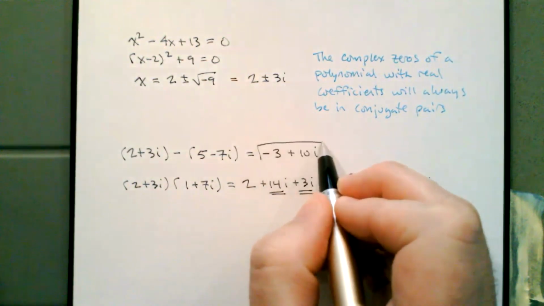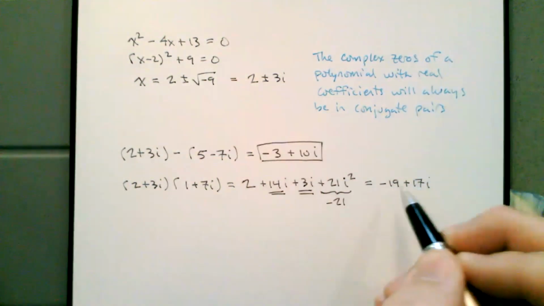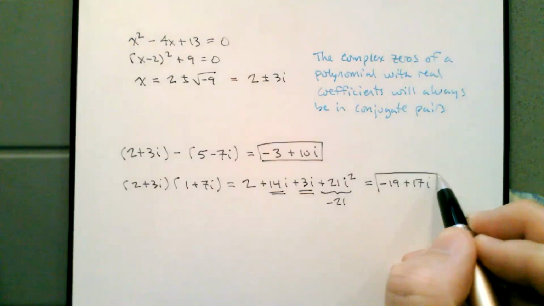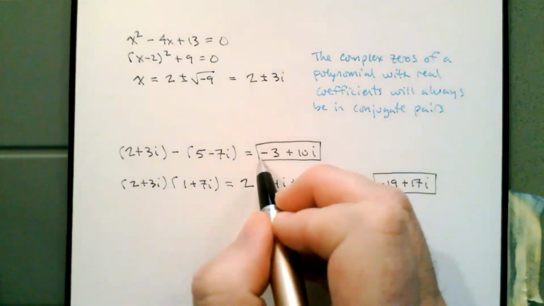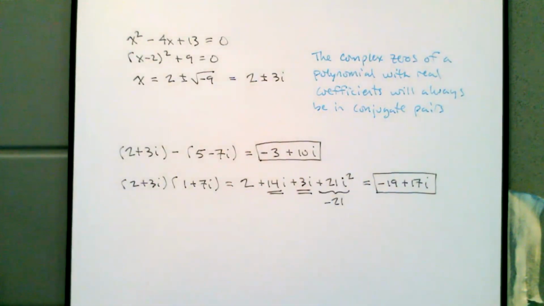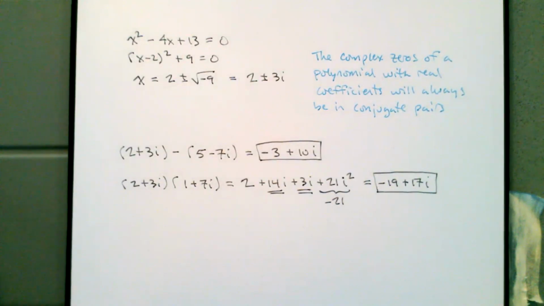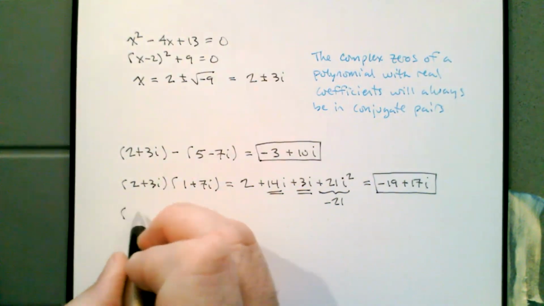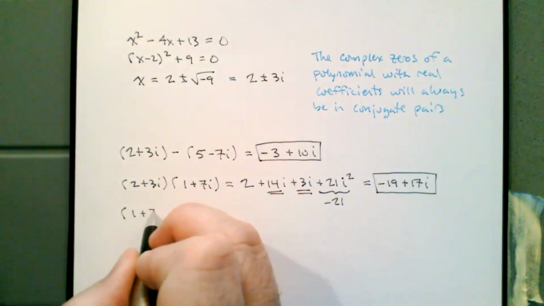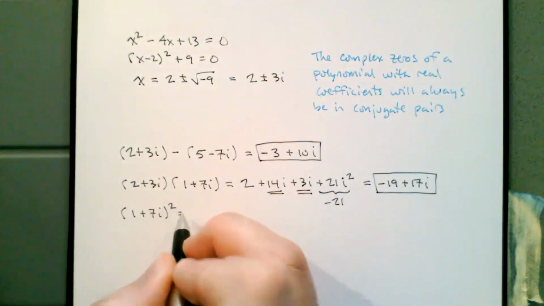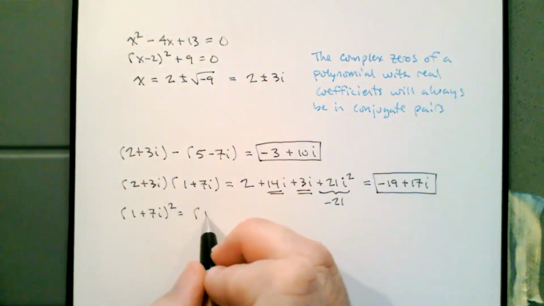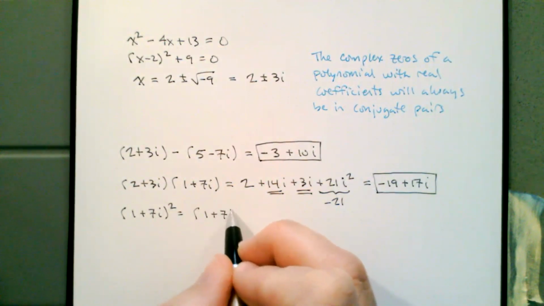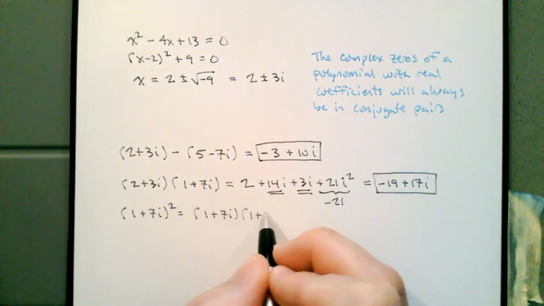I don't have to tell you how to multiply complex numbers because you already know how to multiply when plus is involved. If I raise a complex number to an exponent, I don't have to tell you how to square a complex number because you know how to square numbers.